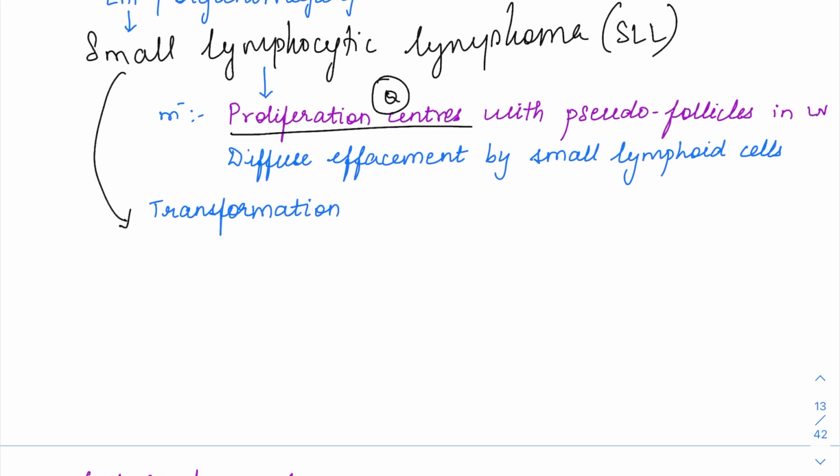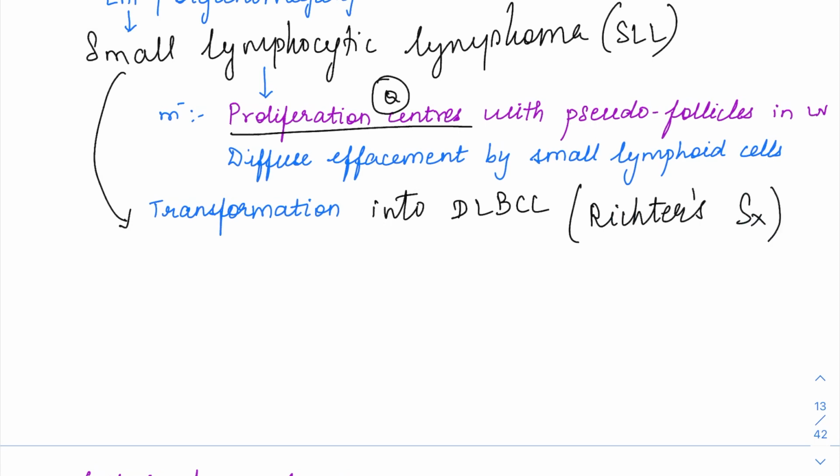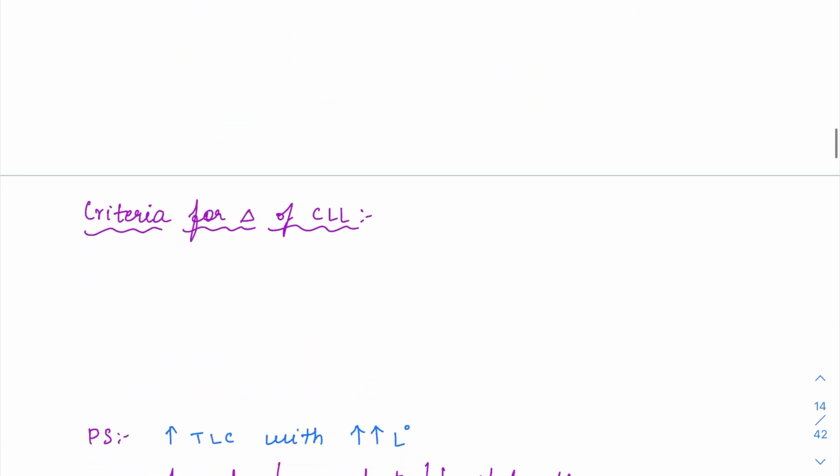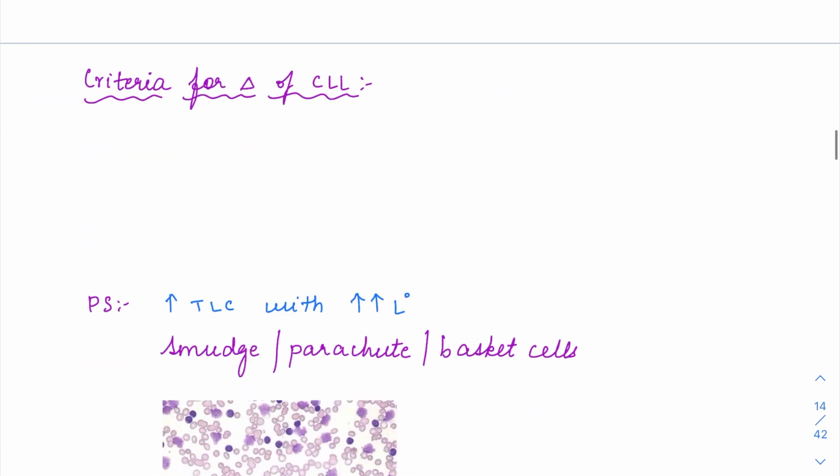Then this SLL can also transform into a DLBCL, which is a large B-cell lymphoma. So small cells are becoming large cells. With a DLBCL kind of morphology it can transform, and it is called Richter's syndrome. Richter's syndrome is nothing but transformation of an indolent or a very mild lymphoma into an aggressive type of lymphoma like a DLBCL. So how do you diagnose CLL?